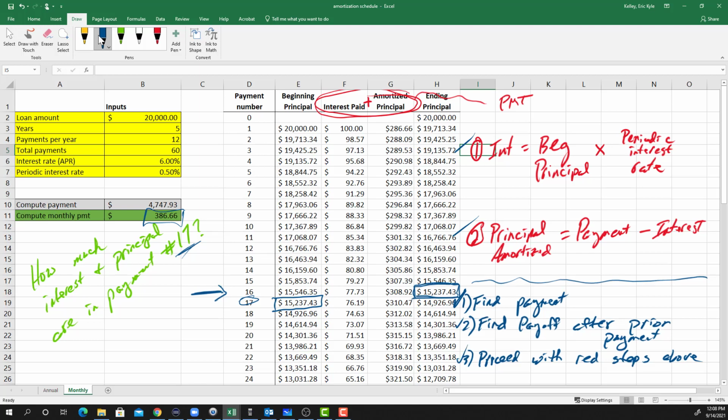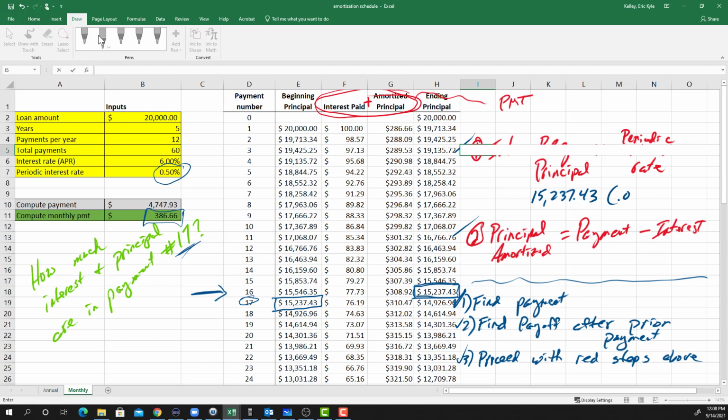And so for red step number 1, we're going to take the beginning principal of 15,037.43, and we're going to multiply that by the periodic interest rate. So what's the periodic interest rate? It's 6% divided by 12, or 0.5%.